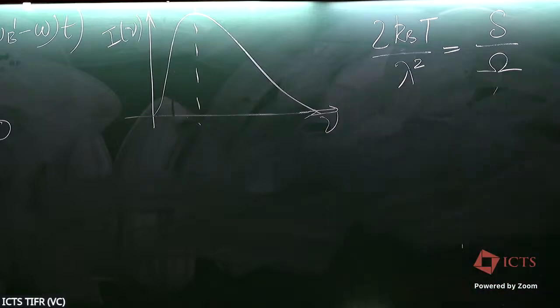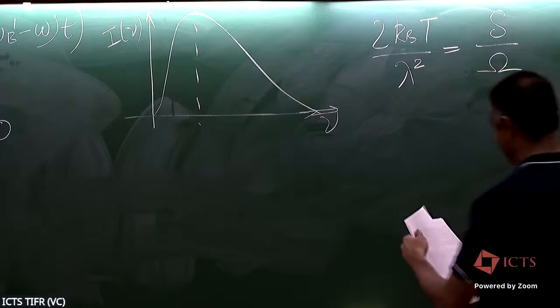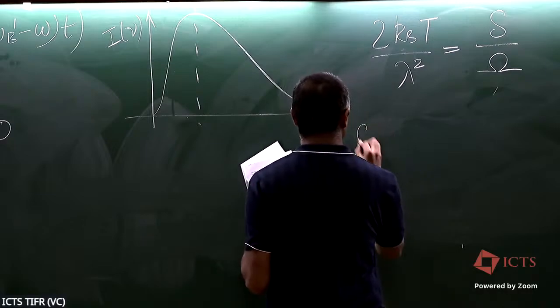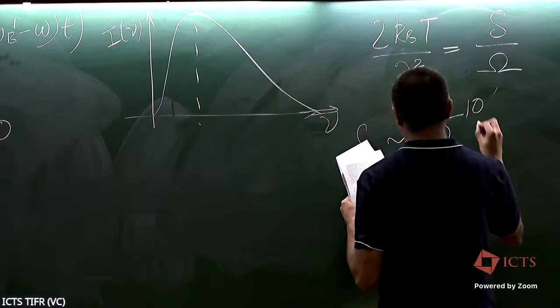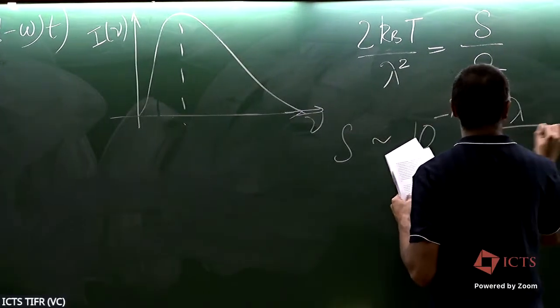So you could work that out. I can give you a rough idea of what the brightness temperatures look like in the radio band. So for a given brightness temperature, you could work out what the flux density will be.